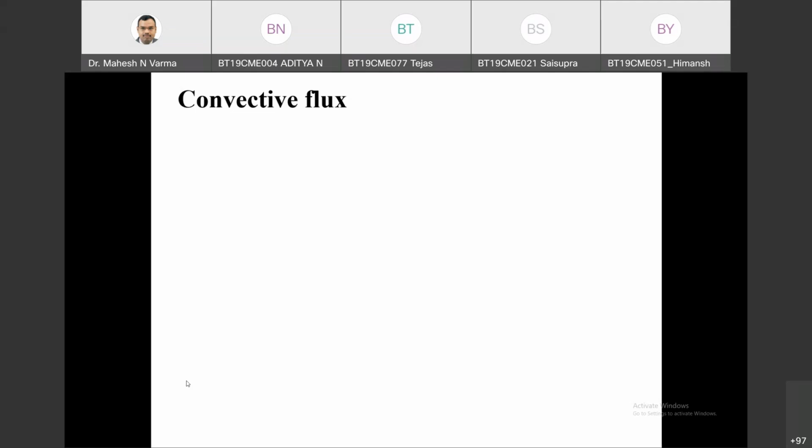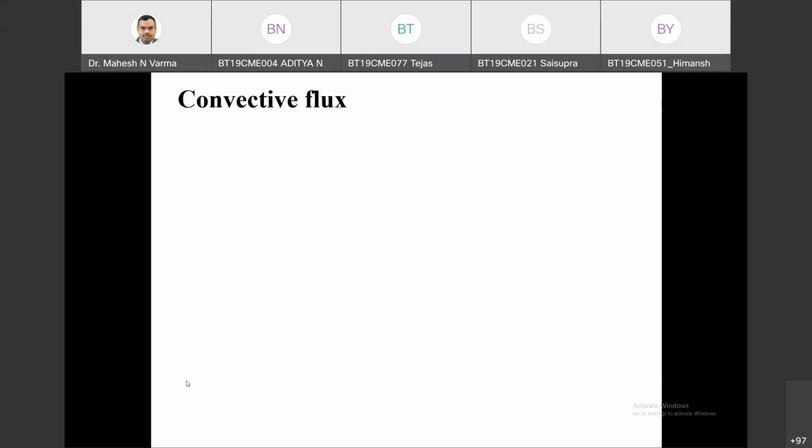Moreover, I'm telling you that it is not the convective flux only. H into delta T is the total flux. It is fundamentally wrong to say that H into delta T is a convective flux only. But in a way it is correct also.